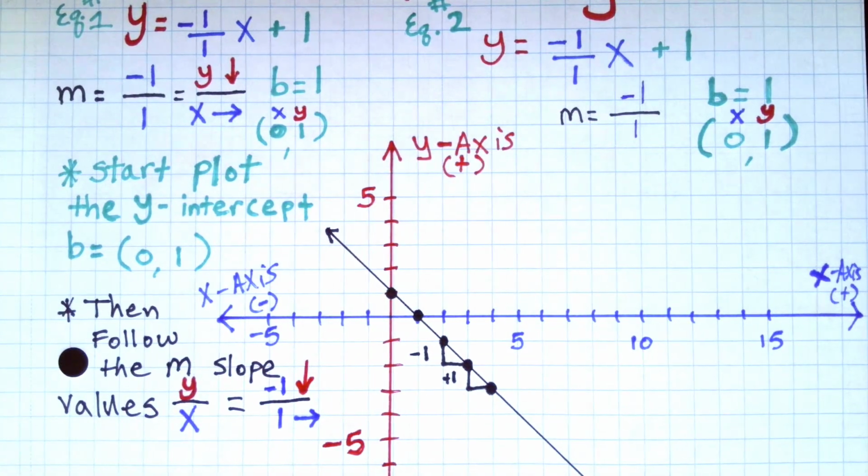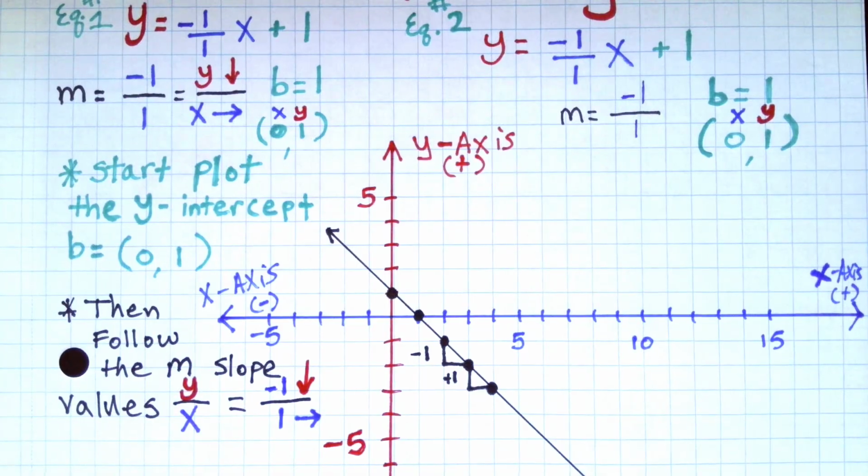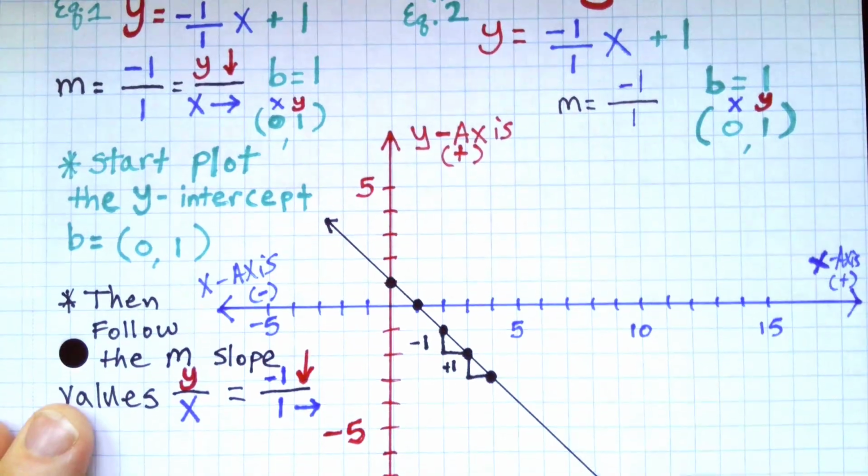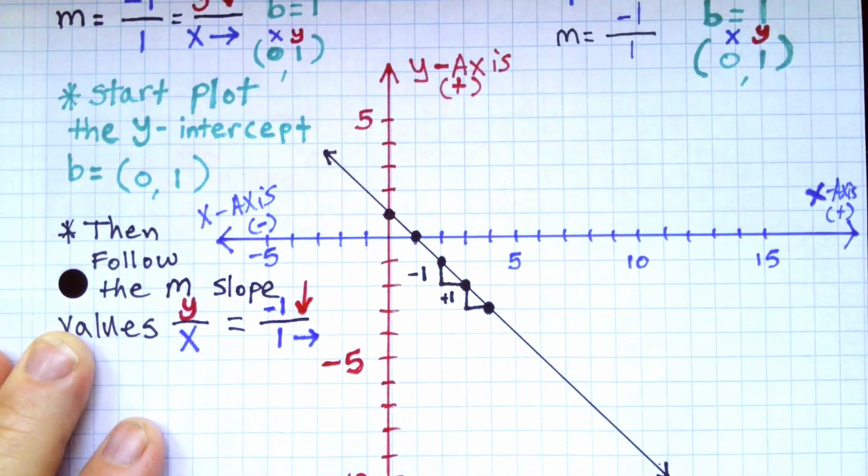I'd like to show you something for what it's worth. It has to do with the slope. Our slope is -1 over +1.